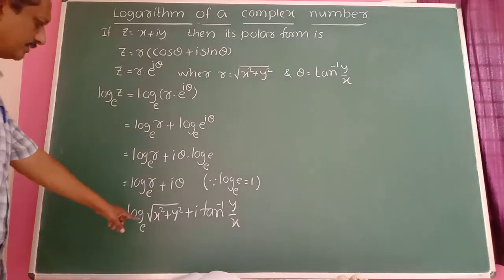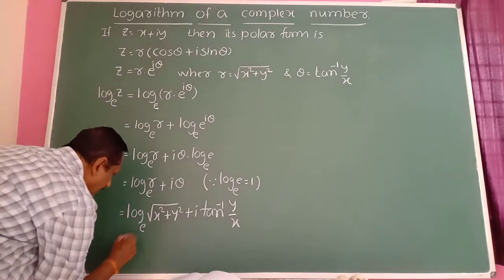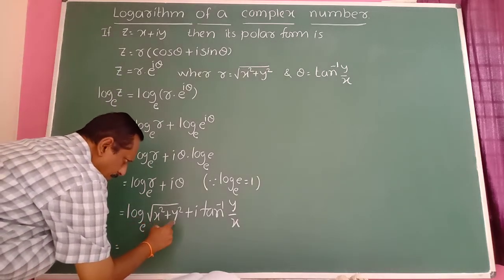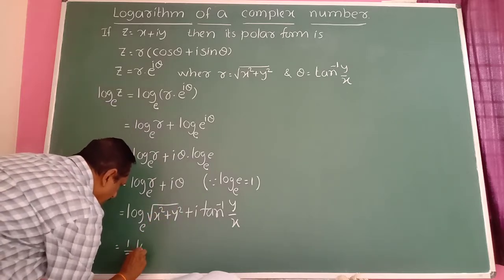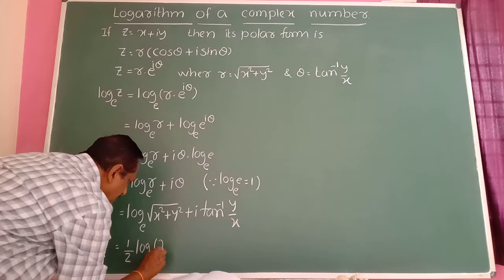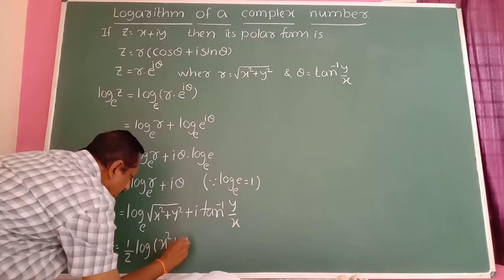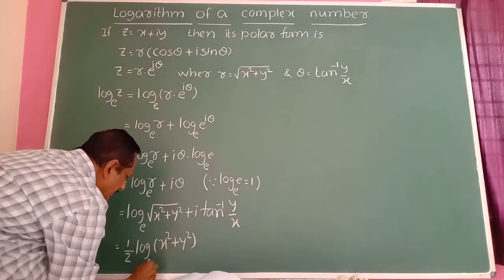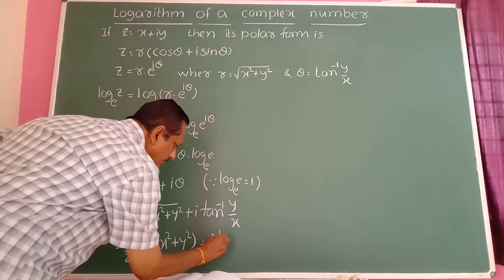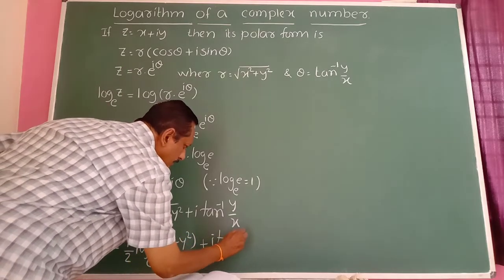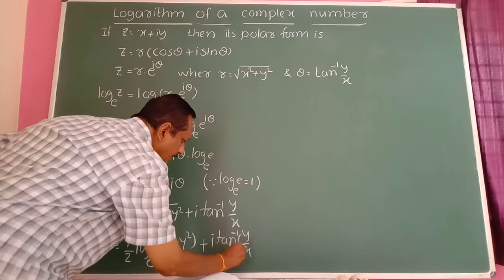Therefore, you can even write it like this also: 1 by 2, because x square plus y square into 1 by 2, using again the logarithm property. Log of 1 by 2 log of x square plus y square to the base e plus i into tan inverse of y divided by x.